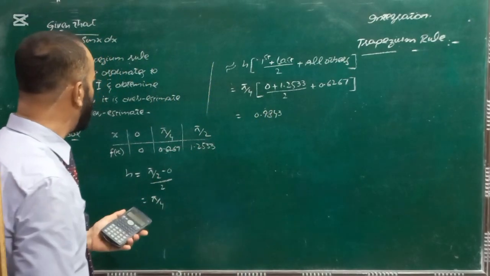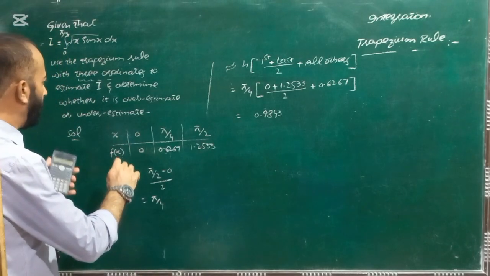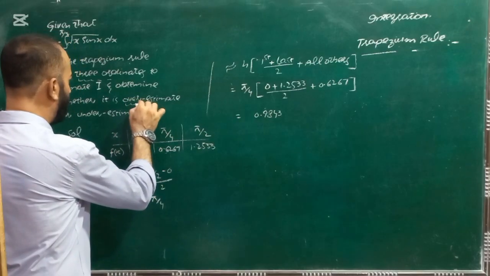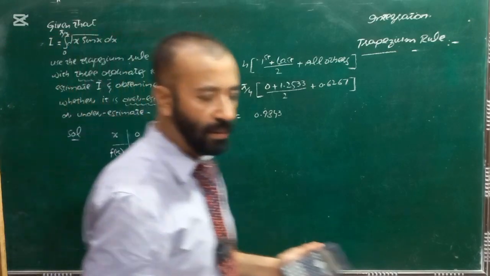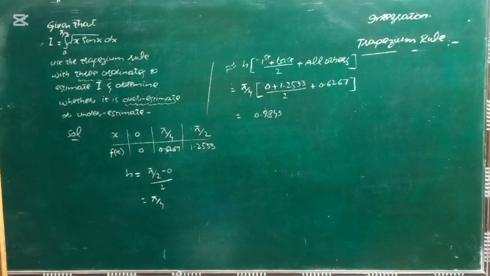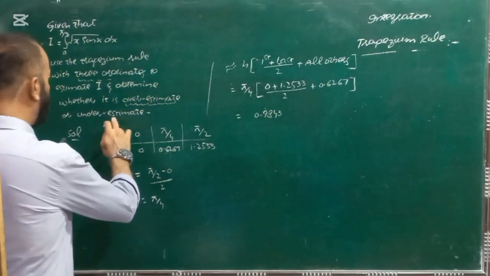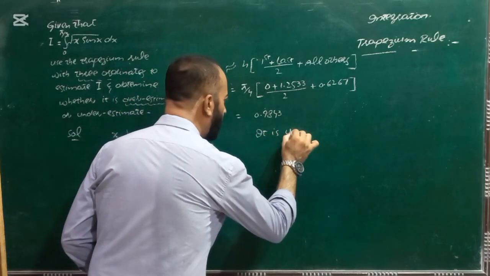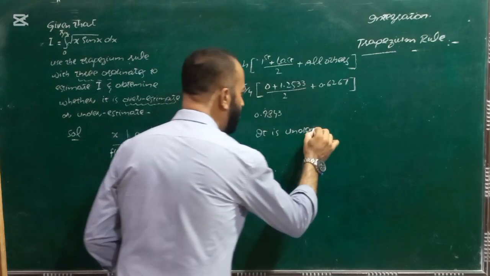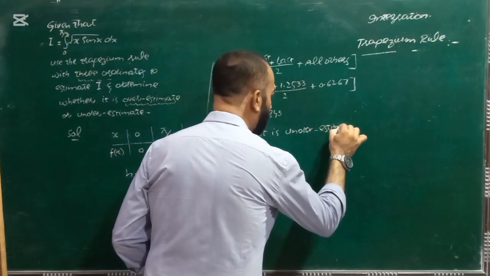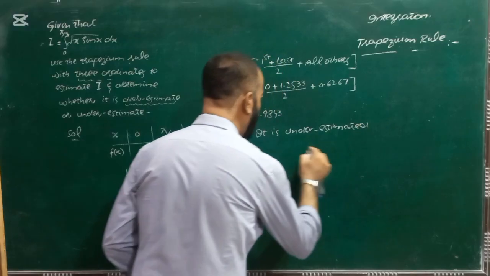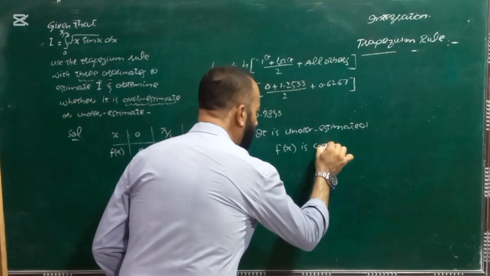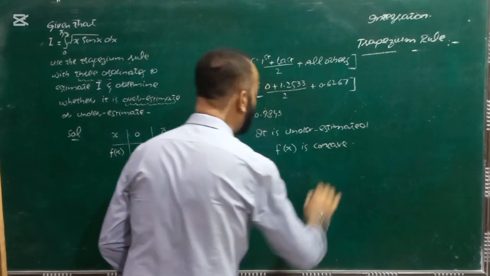So because this answer is underestimated, no, this is overestimated. This area is underestimated, so it is underestimated. So f of x is concave. So this is the answer.